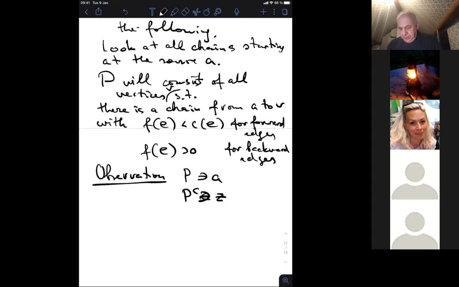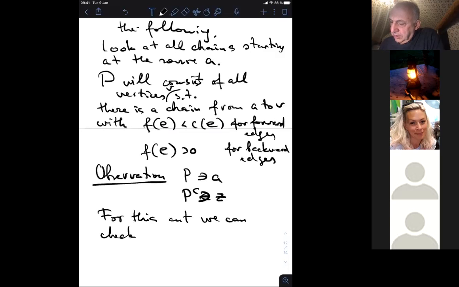I'll probably have to jump over it a little bit. For this cut, we can check that the conditions of the additional lemma work.